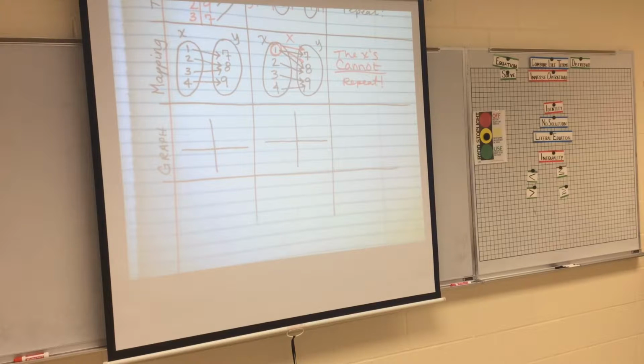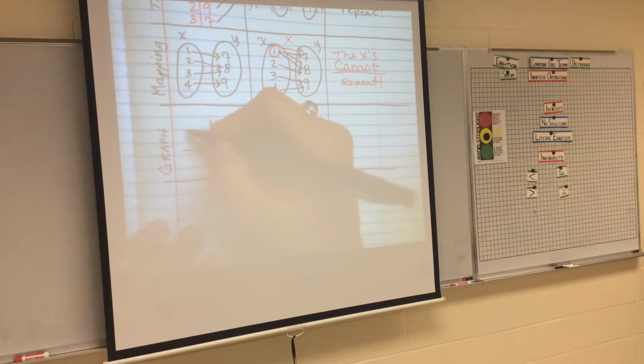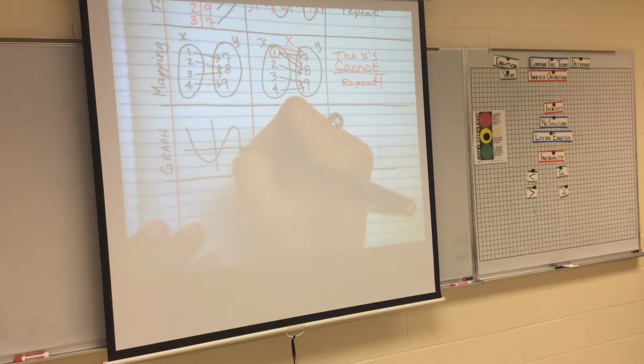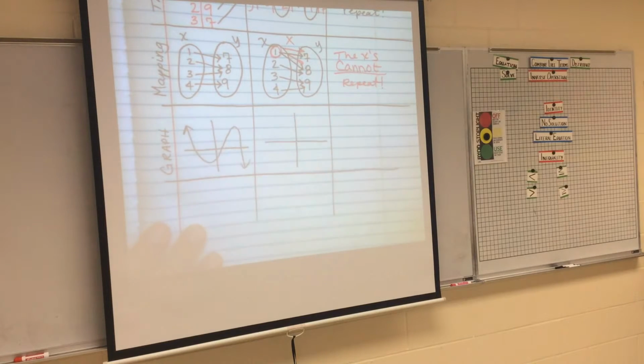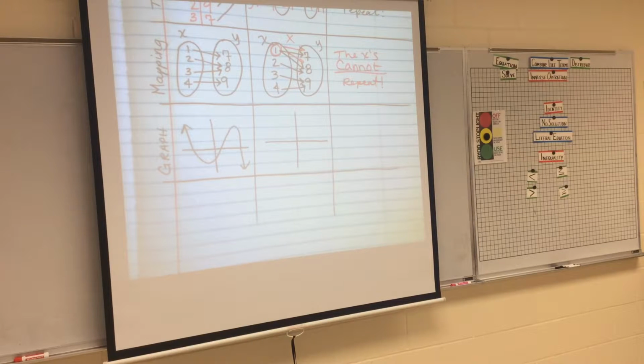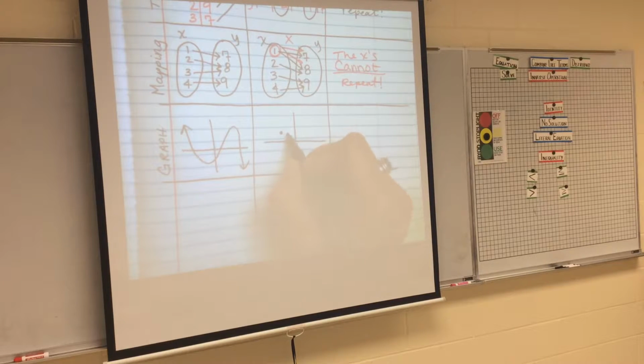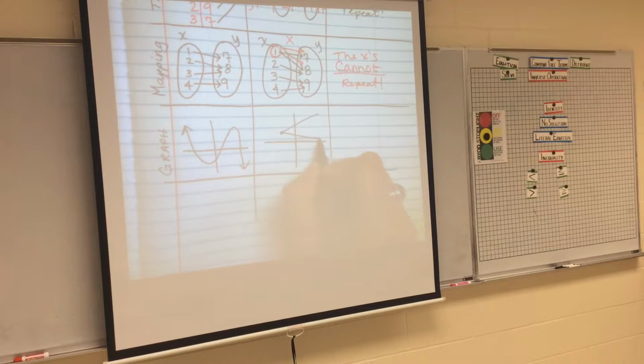All right, so my first graph, I'm going to make it look kind of like a curvy line, right? Curvy. Oh, and in my non-example, it's going to look like this.